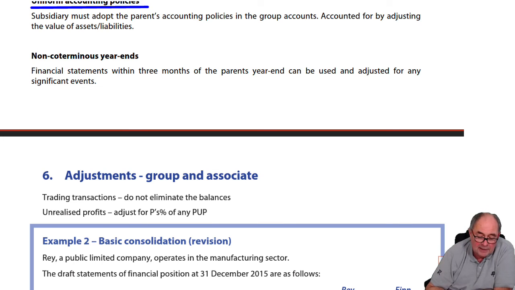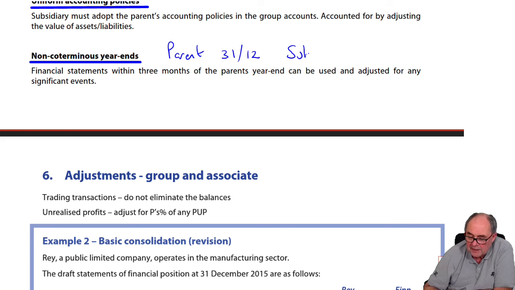It says here, what happens if you've got non-coterminous year ends? So for example, if the parent's year end is the 31st of December and the subsidiary's year end is the 30th of November, can you still use the subsidiary accounts in November? And in most cases, you can.